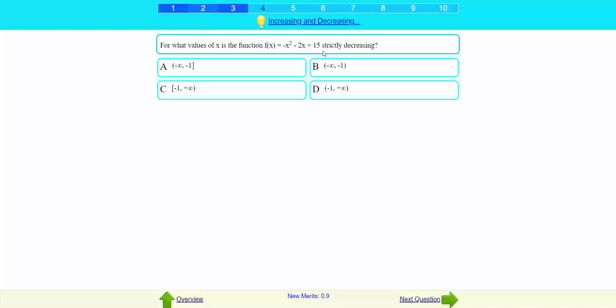So it's actually decreasing from infinity, so it keeps decreasing regardless. So we apply negative 1, that's 1 minus 1, that's minus 3, plus 15, so 12.